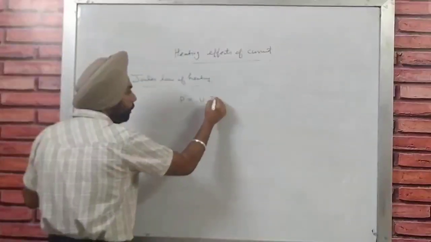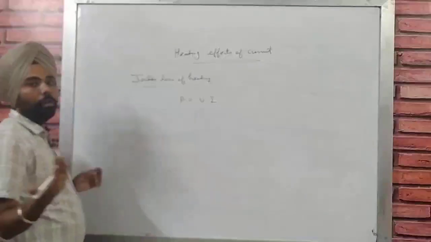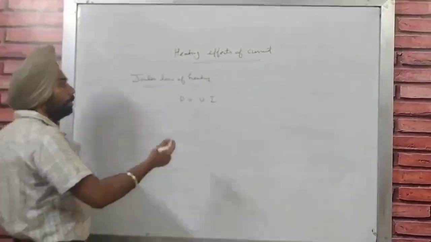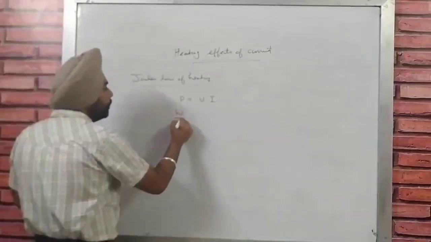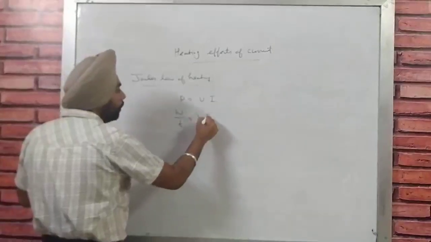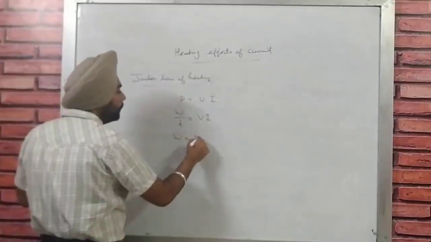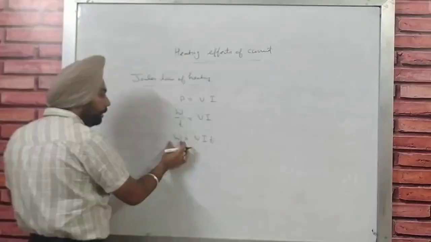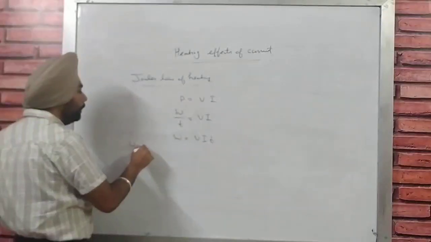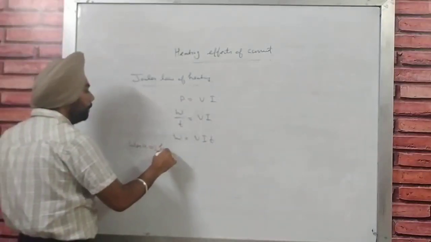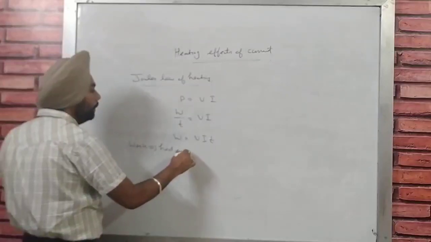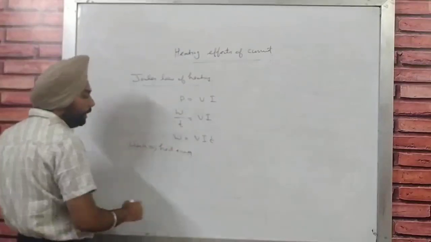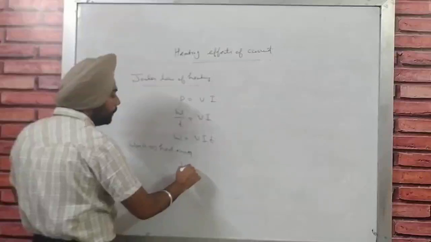Power is potential difference into current, which we have already done in the previous topic. Power can be written as work upon time, so that is VI. Now this work is V into I into T, and this work is converted into heat energy. We can take heat energy as H.